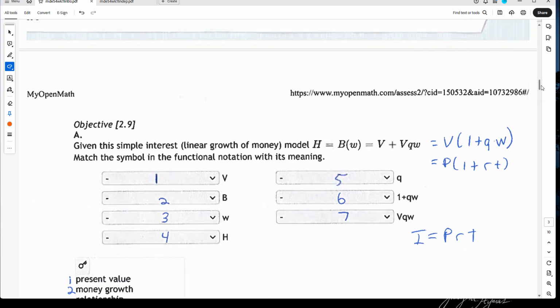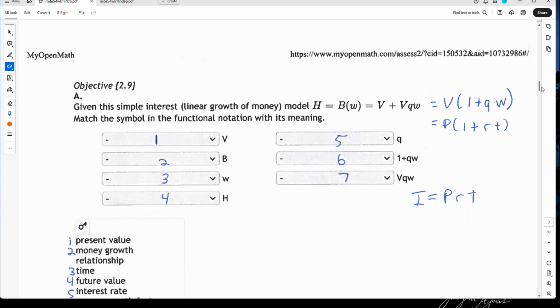Number 4. In this case, number 1 there, V is the present value. 2 here, B is the money growth, and then 3 here is time. There's 0 underneath it.